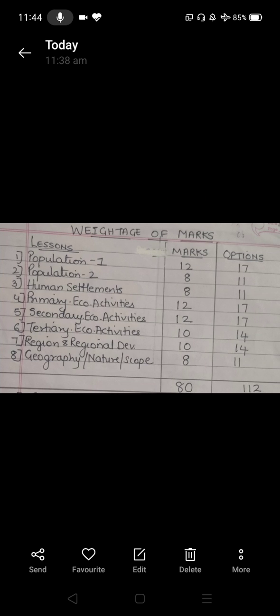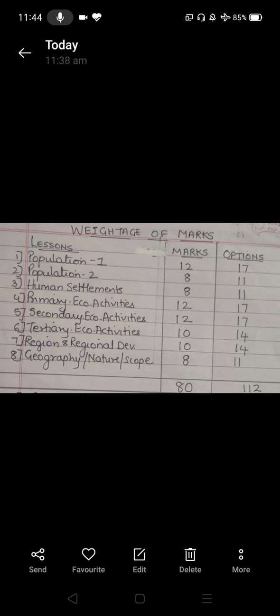Now if you look at this as options, we can extend it up to 17 marks. Population 2 from 8 marks can be extended to 11 marks. Human settlements from 8 marks can be extended to 11 marks. Primary economic activities from 12 marks to 17 marks.